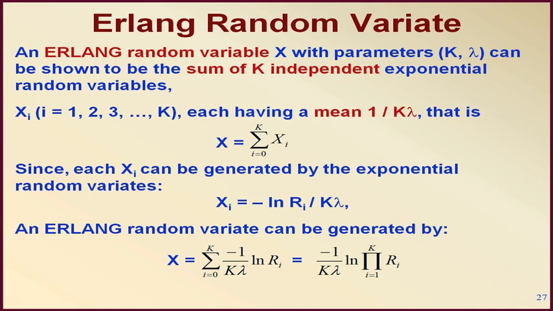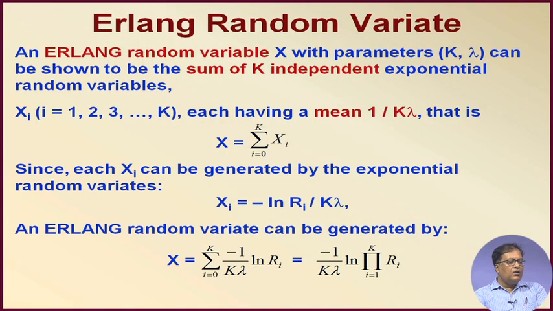So, each is minus 1 by k lambda ln r_i, and when you sum them all up, you get an Erlang random variate, that is, the sum from i equal to 1 to k of minus 1 by k lambda ln r_i. This Erlang random variate can also be expressed in another form: minus 1 by k lambda, because it is a constant, can be taken out, and then it becomes the sum of ln r_i, that is ln r1 plus ln r2 plus ln r3 and so on.